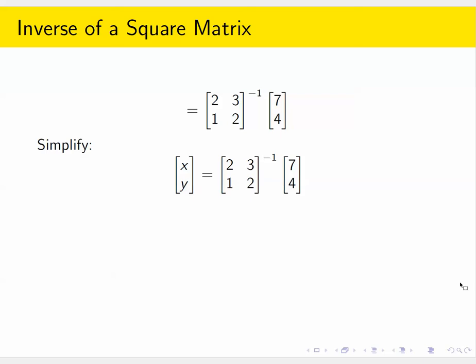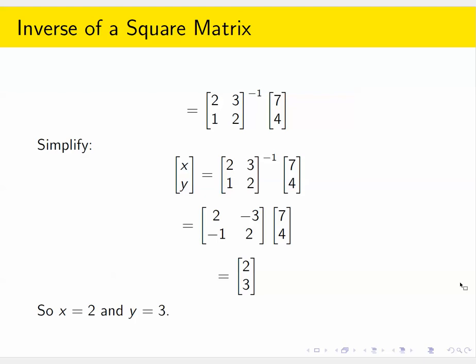On the right side, you can simplify by actually calculating the inverse and then calculating the product. From this example, we can see that the first row of the matrix xy is the number 2, so x is 2. The second row is 3, so y is 3.